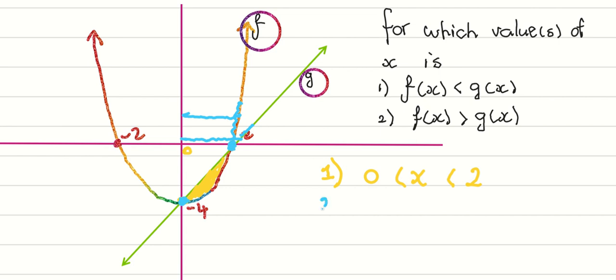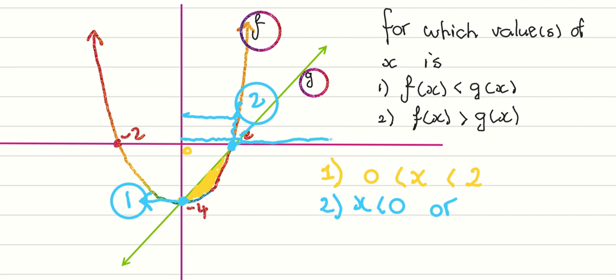And so the answer here happens in two situations. It happens on this side and then it happens again over here on this side. And so the parabola is above the straight line when x is less than 0, so going to the left. Or the second time that happens is when x is larger than 0, right?